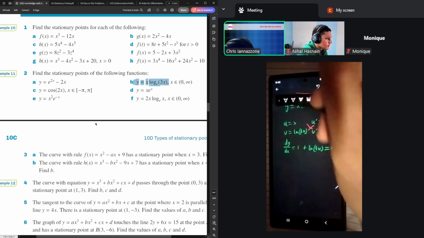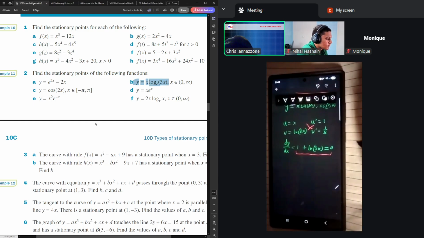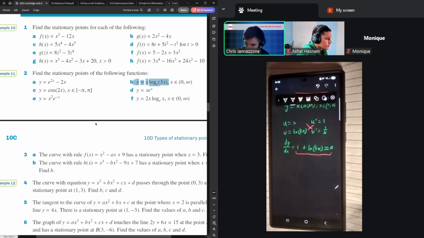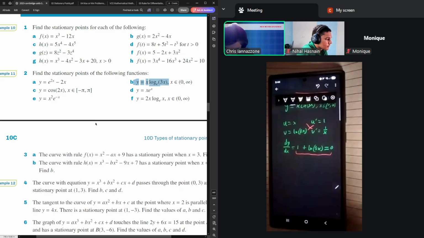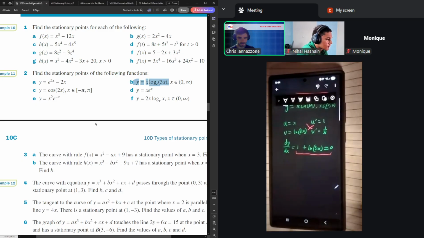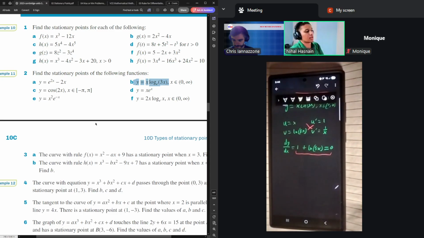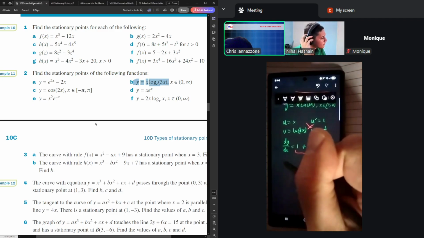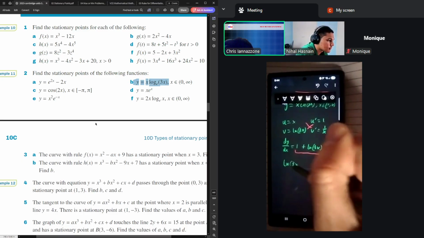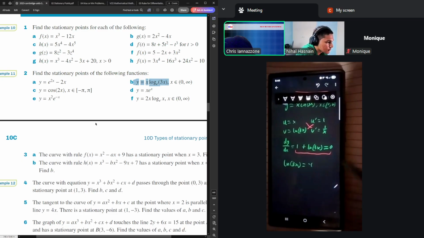This will now be a little test on who remembers their logarithm solutions. So how do we start solving that? You can take 1 to the other side. Yep, that's good. Natural log 3x equals -1.